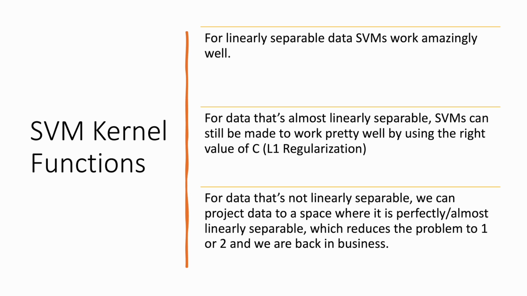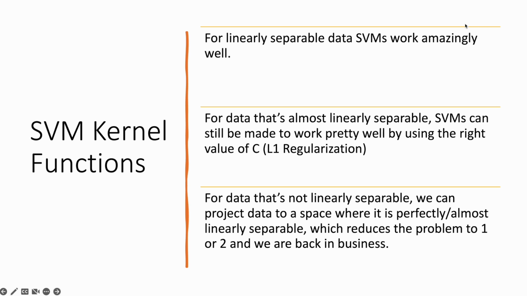Let's say in the existing dimension, the data is not at all linearly separable, as we have seen just now in the previous slide. SVM comes in over there. What we do is project the data into a higher dimension. We don't know which dimension that is, but we know it's a higher dimension. And over there in that higher dimension, the problem becomes the statement number 1.